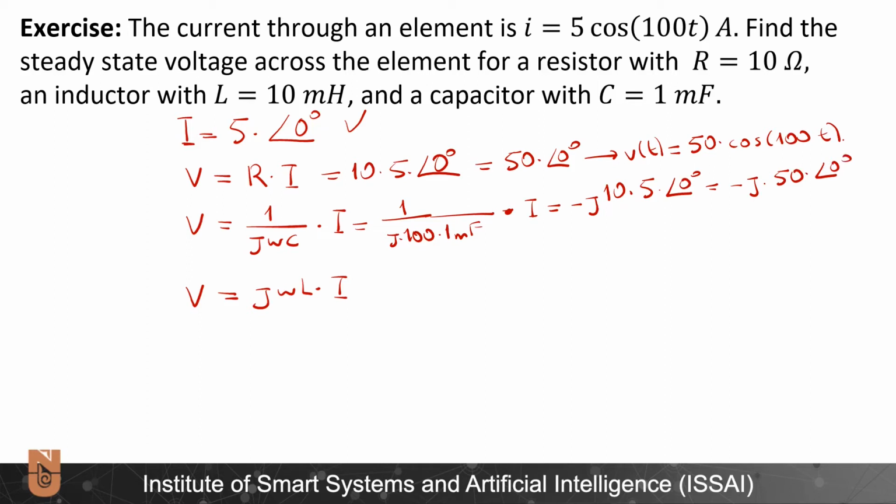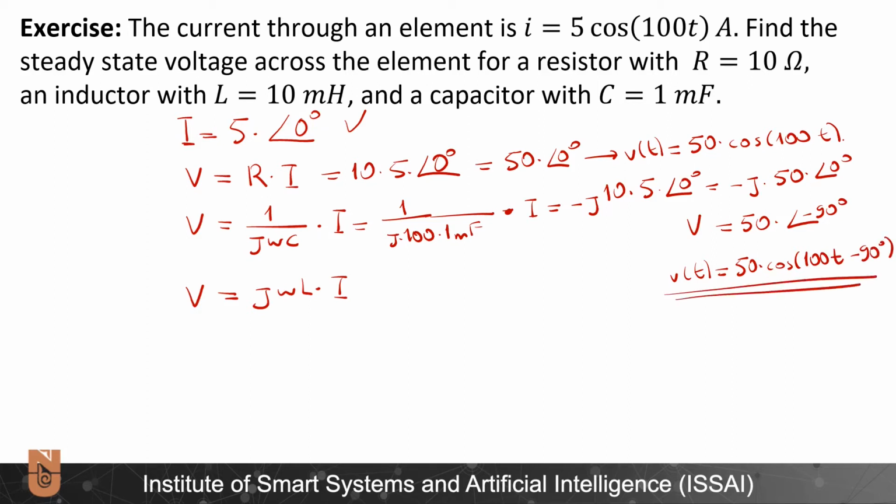But minus j is minus 90 degrees, so I will have 50 times minus 90 degrees for the V phasor, and accordingly v(t) will be equal to 50 times cosine 100t minus 90 degrees. So this is the second one.